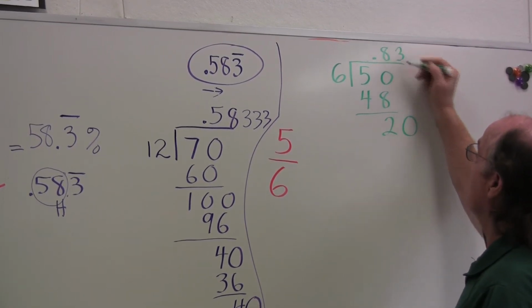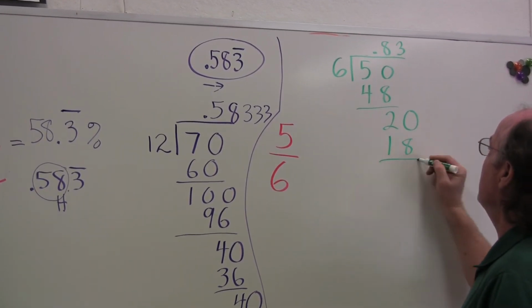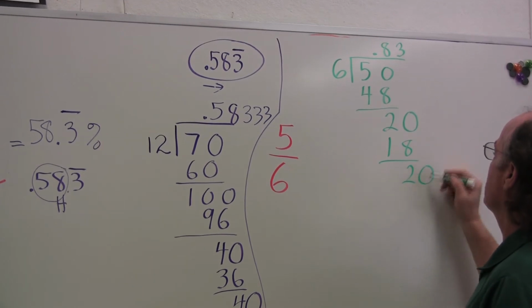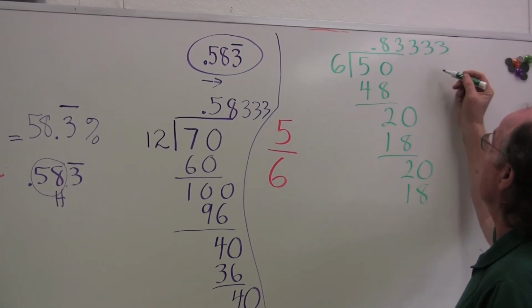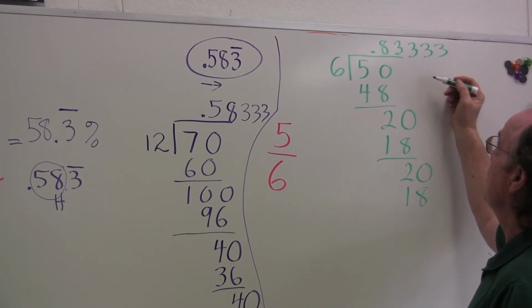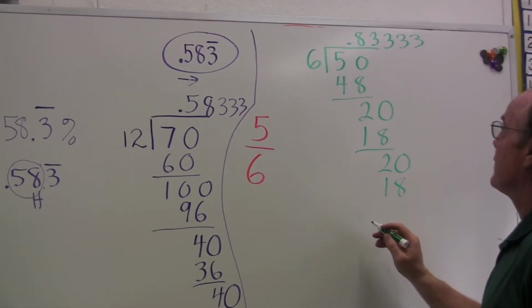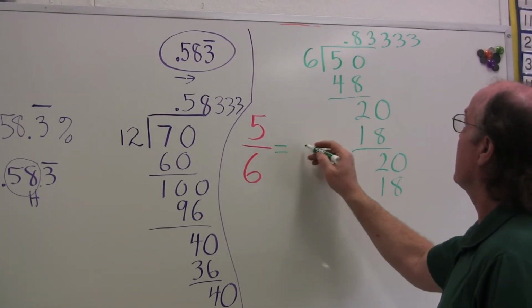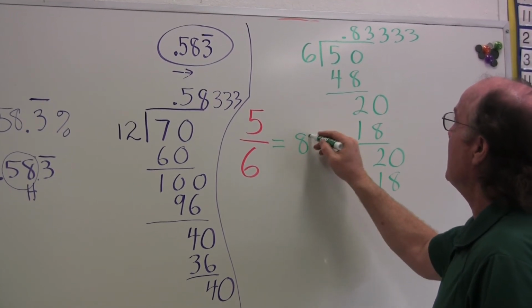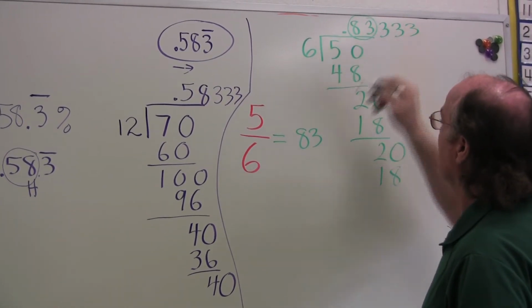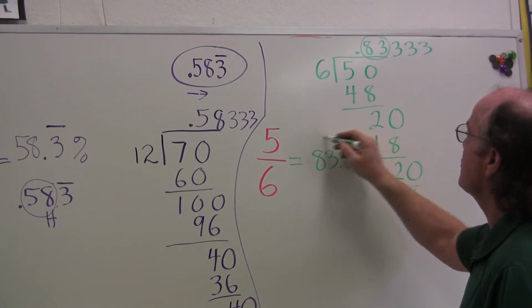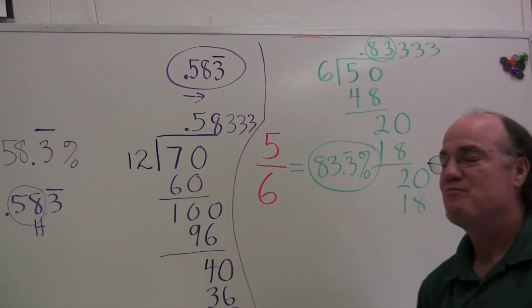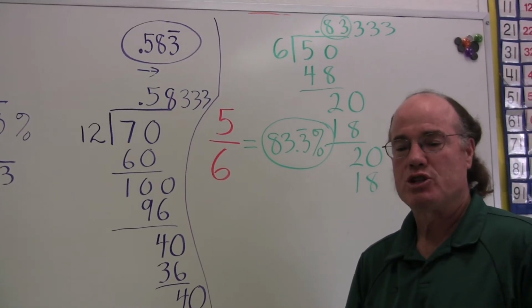That's going to go 3 times. 18. 2. Add a 0. 18. Repeat. Okay? So what we're going to have now is 5/6 is 83 point repeating 3%. Okay? Good job.